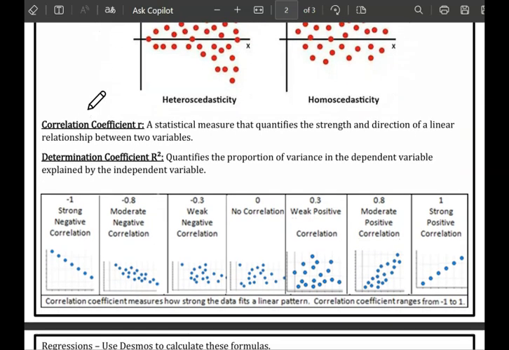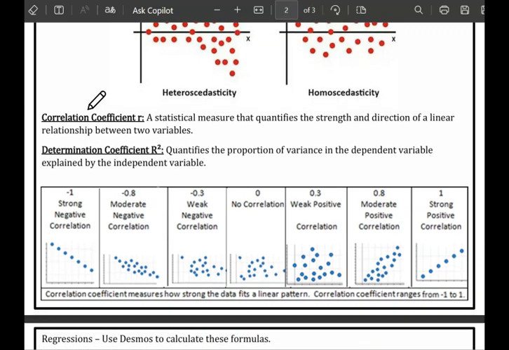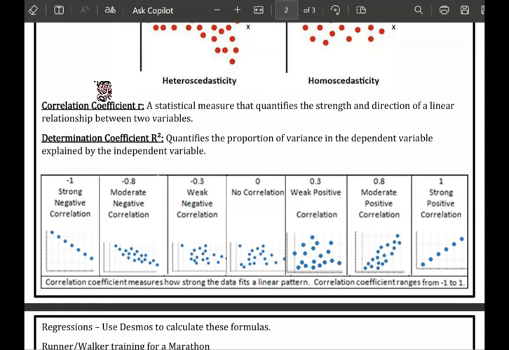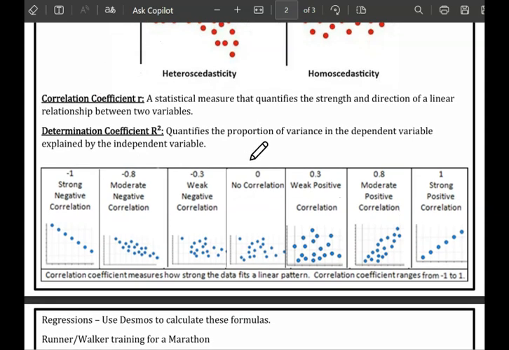In addition to looking at residual plots, you could also look at the correlation coefficient R, Pearson's number, a statistical measure that quantifies the strength and direction of a linear relationship between two variables. And you can also look at the determination coefficient, R squared.